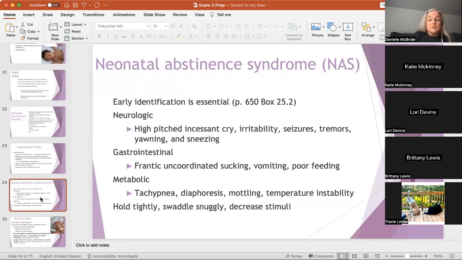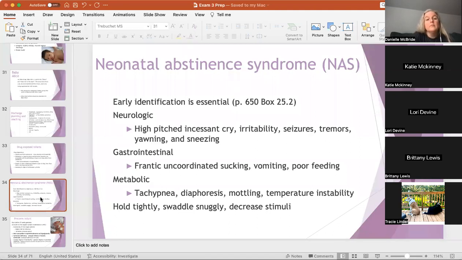Neonatal abstinence syndrome. How long the baby's been exposed to drugs is going to somewhat affect the way the baby withdraws from it. What are some things that we might see if our baby's withdrawing? They'll be irritable.